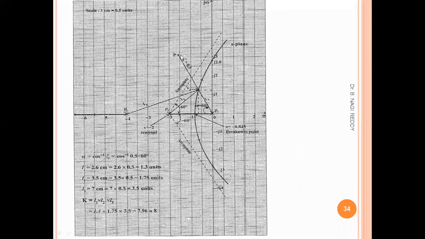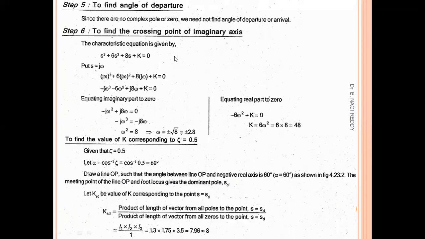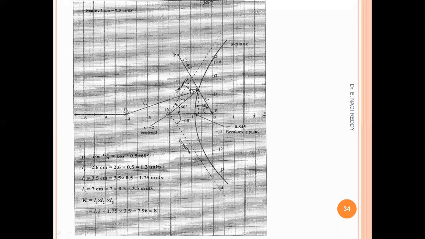Now what do we have to do? We got the alpha angle as 60 degrees. Now we have to draw a line with an angle alpha from the negative real axis. So this is the negative real axis and this is the origin. Take your protractor and keep it here, with the negative real axis as the base.